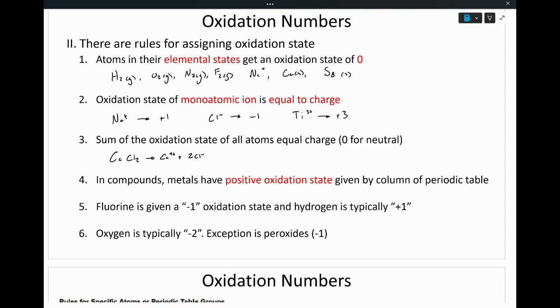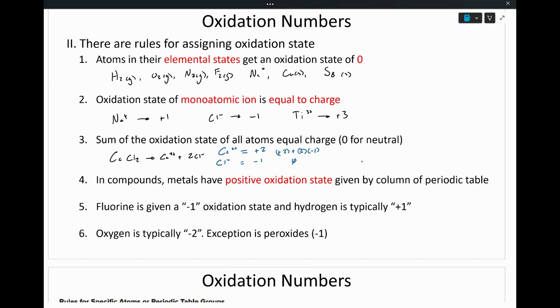So we're going to see their oxidation states are equal to their charge. So calcium 2+ has an oxidation state of +2. Chloride has an oxidation state of -1. And if we add those together, +2 plus 2 ions, or 2 things that have a -1 oxidation state, you get 0.